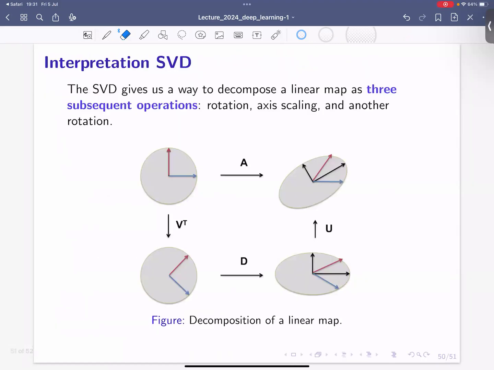And finally, just to discuss some interpretation of the SVD. Let's say you start from a unit circle. You apply A to these two vectors, the red vector and the blue vector, which we denote by E1 and E2. You remember I said before, those are the standard basis vectors, let's say for R2.